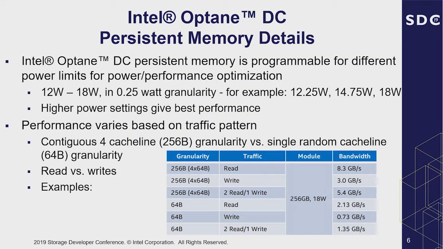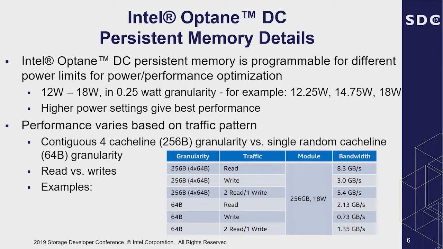So, taking a look at the performance and the wattage. The power settings, or the power performance optimization, are set in watts, and we can run all the way from 12 to 18 watts with a 1/4 of a watt granularity. The chart down below shows the bandwidth that you can expect with a granularity of 256-byte blocks, and at the bottom you can see where you're not able to use all of the lanes, that it drops down at 64 bytes.